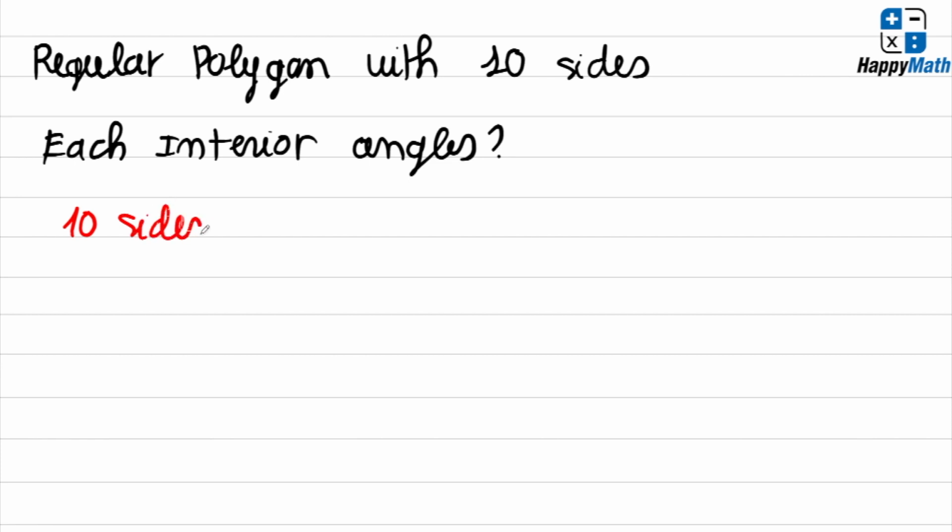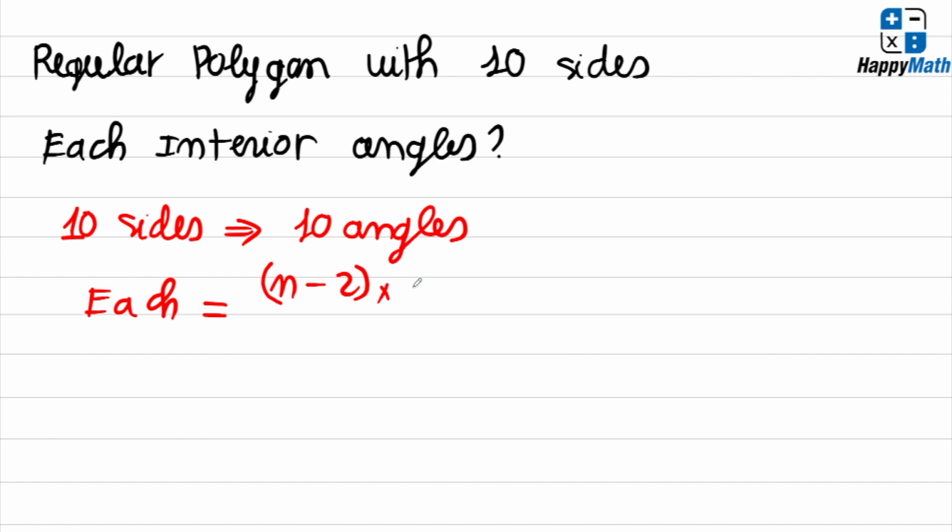The first thing you should understand now is that 10 sides means you got 10 angles. So for the formula calculating each interior angle, you take the sum and then divide by the total number of angles. Because you got 10 sides, it means n equals 10.